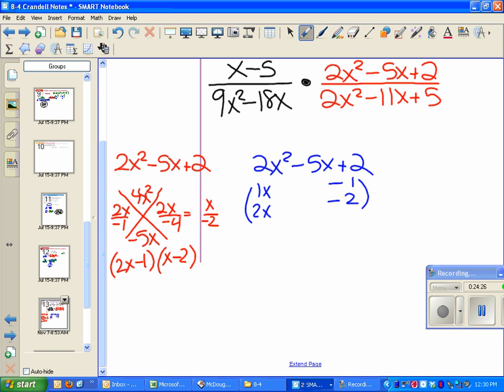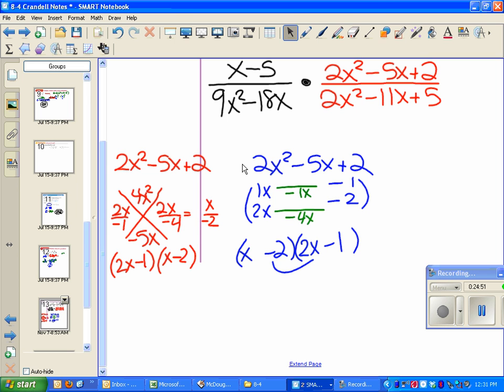And the ones that work are straight across. So we have negative 1x and negative 4x. And when you write your factors, it's the opposite of Clinton, so careful. We have x and 2x. The 2 has to get hooked up with the negative 2, so that's in the opposite parentheses, and then the minus 1. Okay, so either way you come out with the factoring, but just be careful.